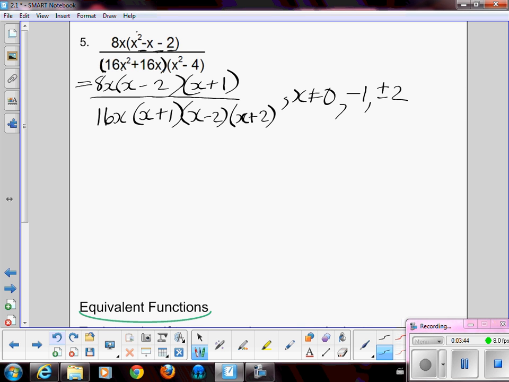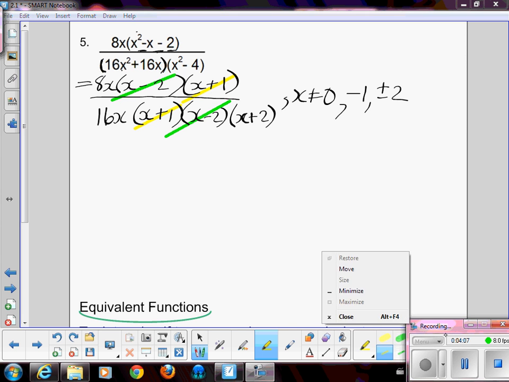Now, almost done. So this is the fun part. This is the part I always like, because I can pick up different colors and can start scratching stuff off. And if I take a look at, I have an x minus 2, I have an x minus 2, I have an x plus 1, and x plus 1, and then I'm going to the number part.